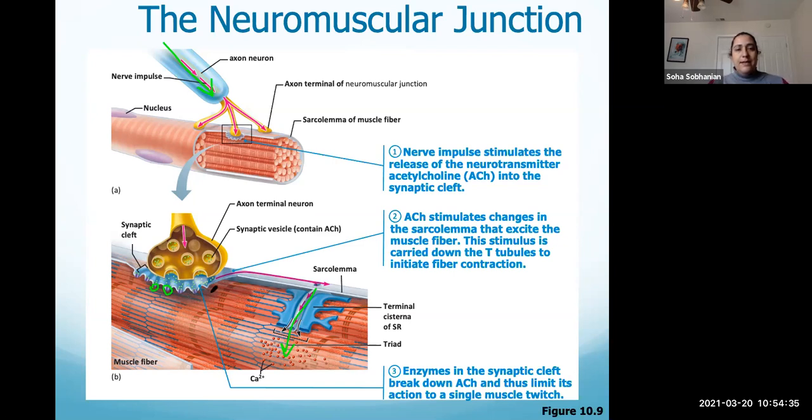Now, when this electrical impulse is created, which is this pink arrow you're seeing going down at the surface of the muscle, I want to send it down into the muscle. So the next thing is the electrical impulse is spread through the muscle fiber using T tubules. T tubules are these little extensions that we draw here.